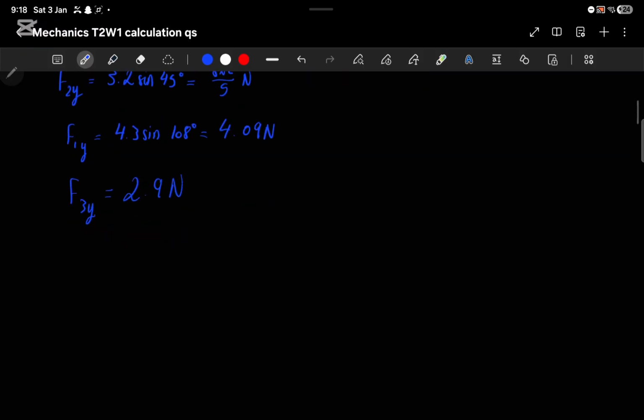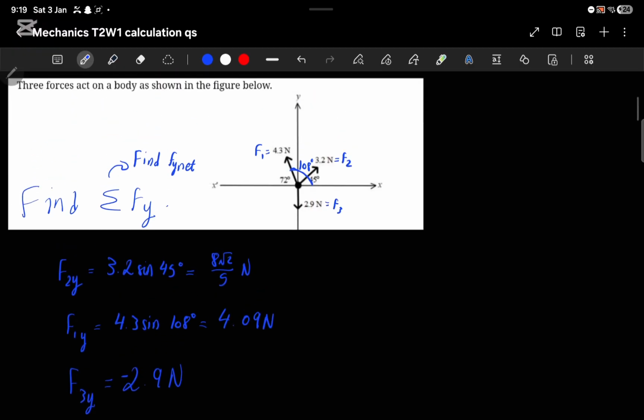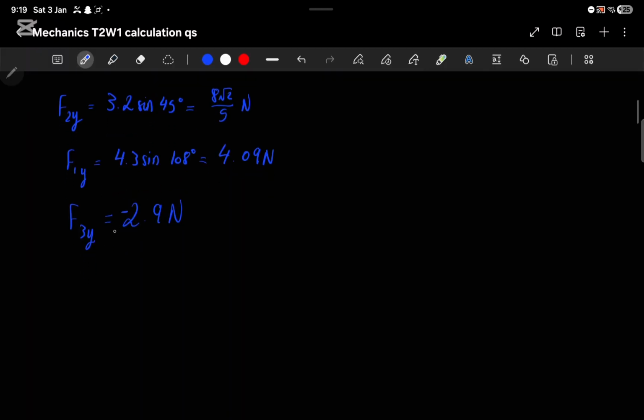Straight away. Now, if we were to add direction, this would actually be negative 2.9 newtons. Why? Because we defined upwards as positive, so this is acting downwards. This is negative 2.9. So what are we going to do now? We're going to find sigma Fy.